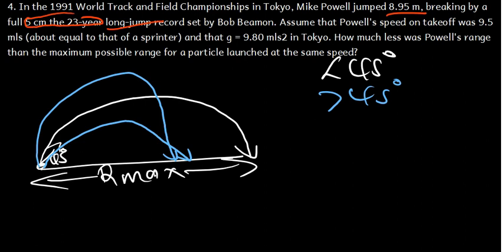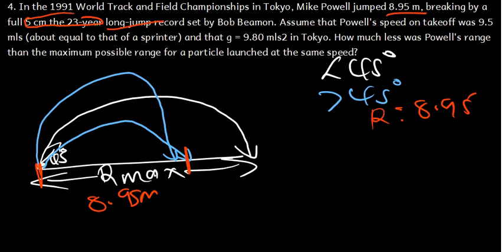So now they're saying that the range which this person jumped was 8.95. Now the question is how much less was Paul's range than the maximum range. We just need to find the maximum range. Let's say the range which this person jumped, maybe from here all the way to there, is 8.95 meters.